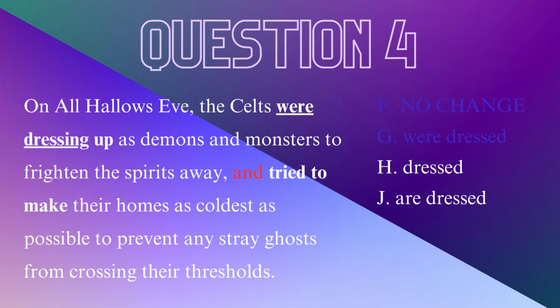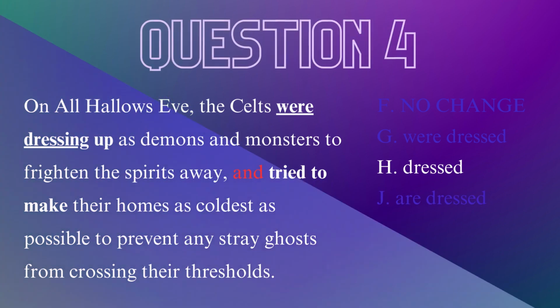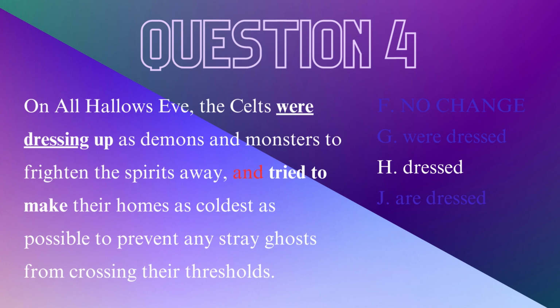The Celts are dressed and are trying? No. So we know that H, dressed, that simple one word, past tense, the Celts dressed up and tried. That is what is parallel, and that's what makes H the correct answer.